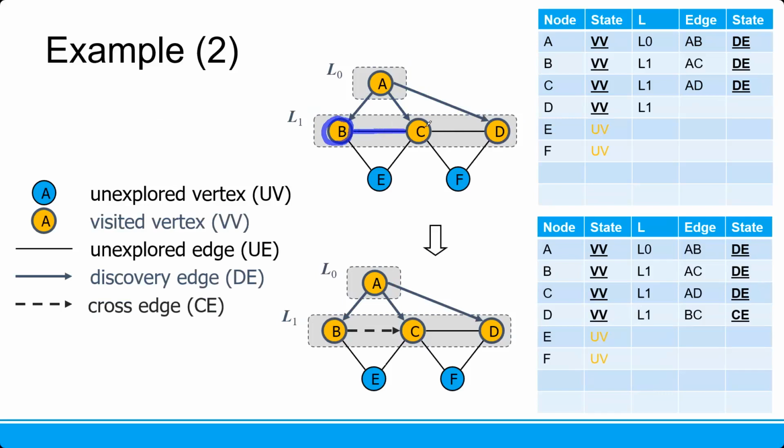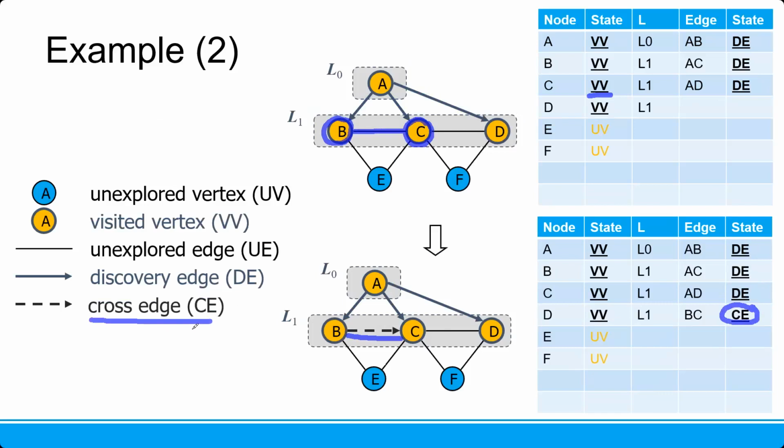However, what is C? C is already visited. Because C is already visited, we will mark this edge, which is from B to C, as a cross edge. This is the cross edge.